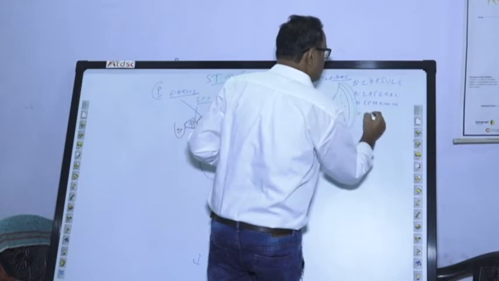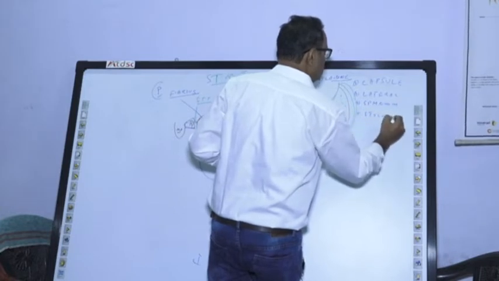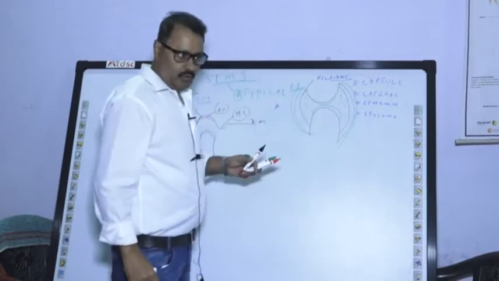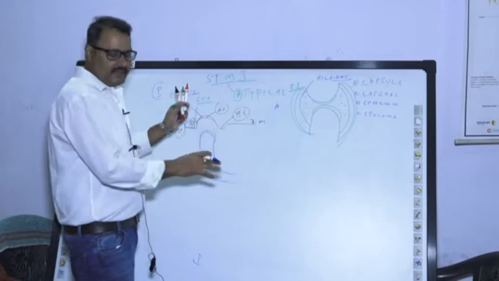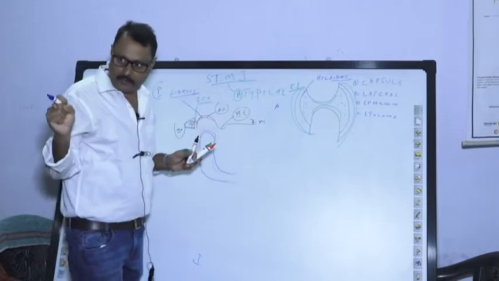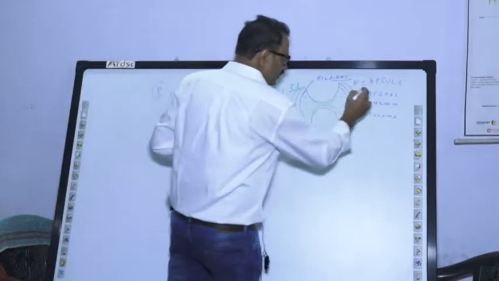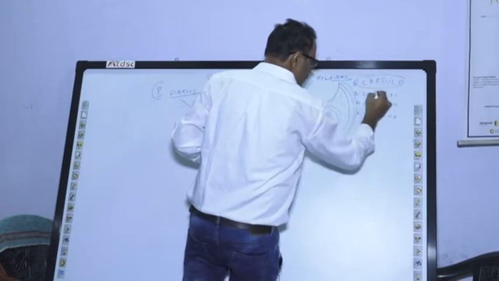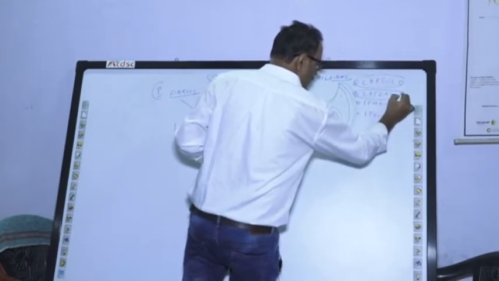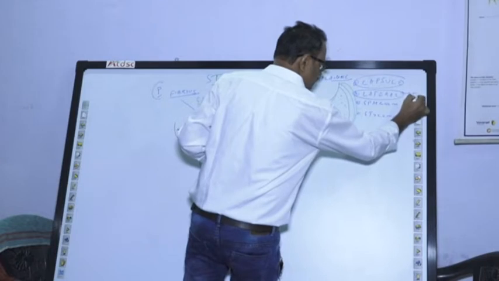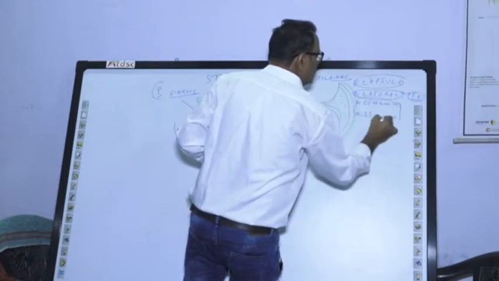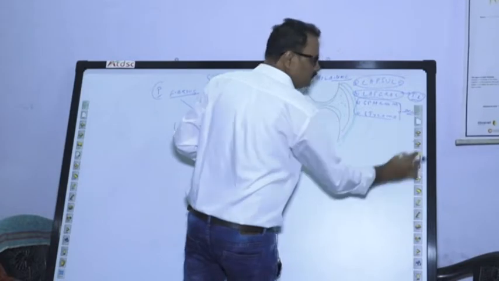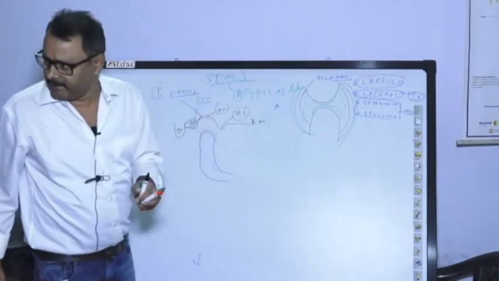And finally, we have the stylomandibular ligament. So they are the four ligaments which reinforce this structure into a complete temporomandibular joint. The lateral ligament or temporomandibular ligament is called the true ligament. And these two are known as the accessory ligaments.